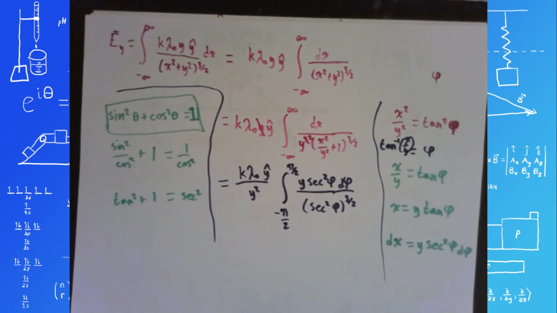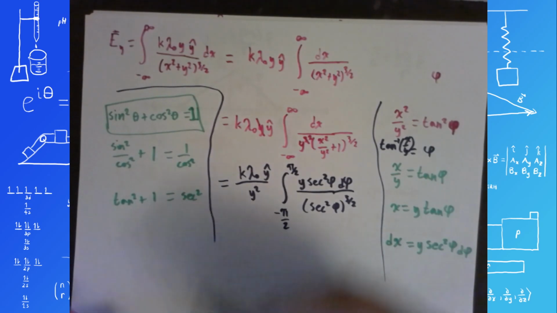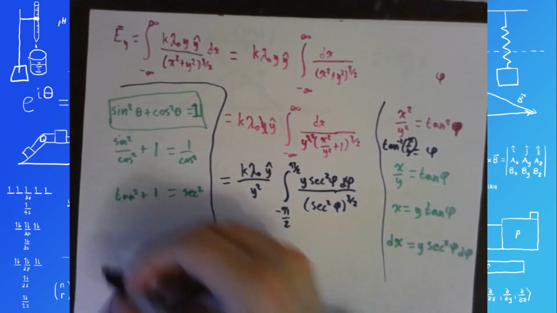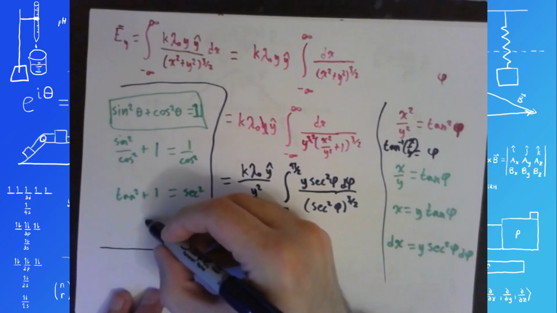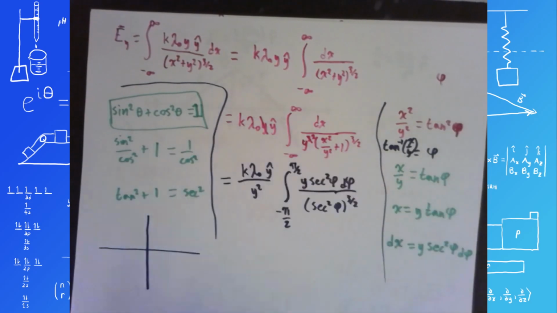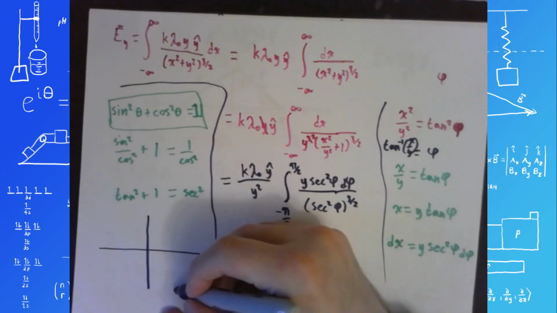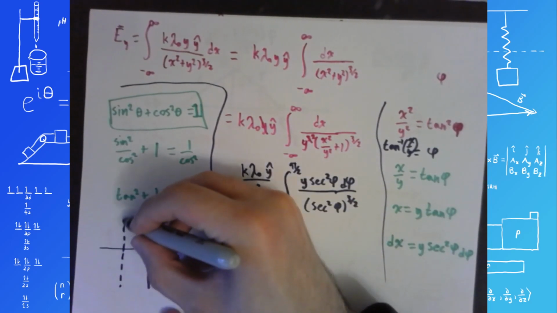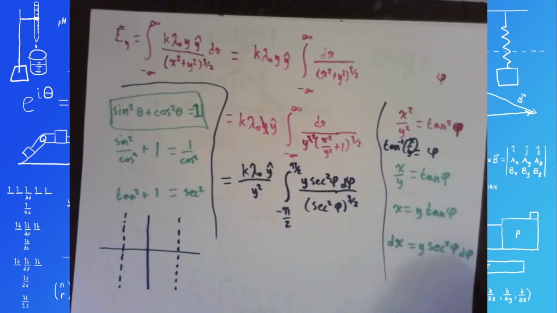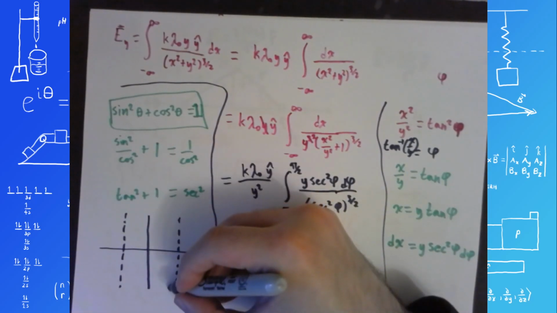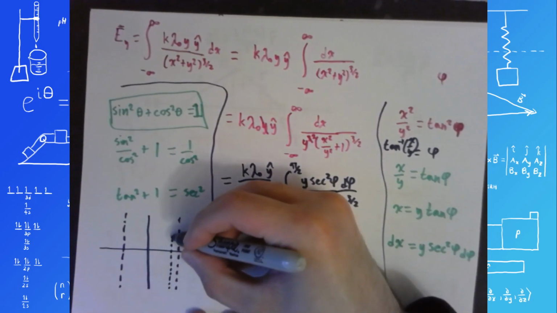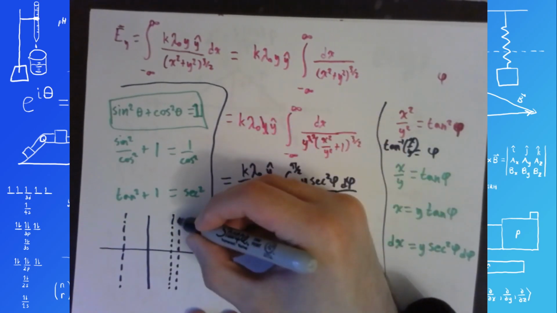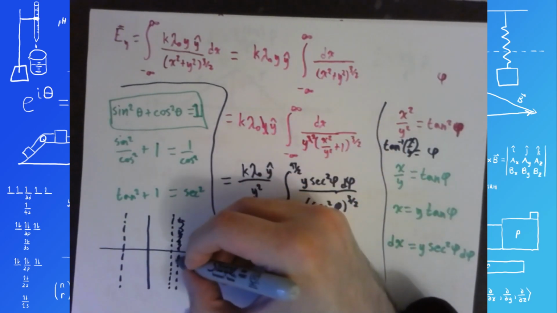If you're not convinced by that, I would urge you to remember what the graph of tangent looks like. The graph of tangent, let me go ahead and draw my asymptotes. Okay, those are not evenly spaced. Let me draw this one closer. Okay, that's a little bit better, and scratch this one.